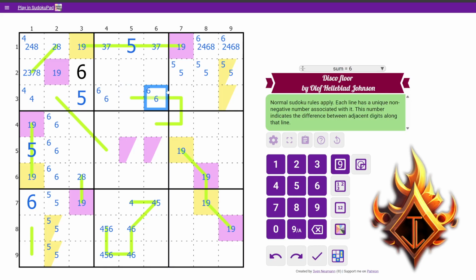Then it could be 4, 7. Or maybe I should say, what if this is pink? If this is pink, then that has to be 6.